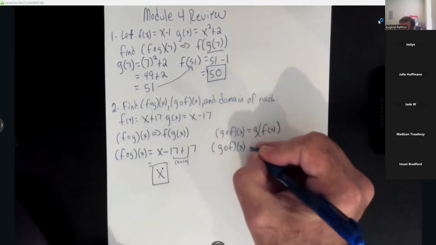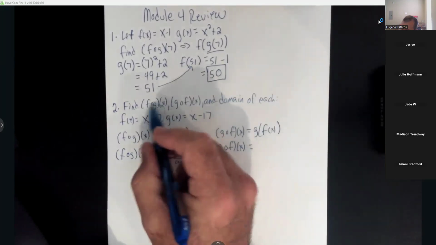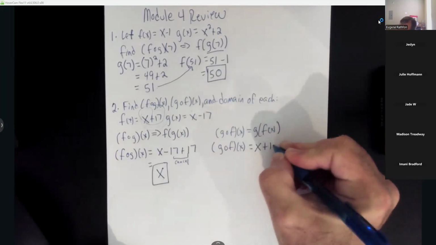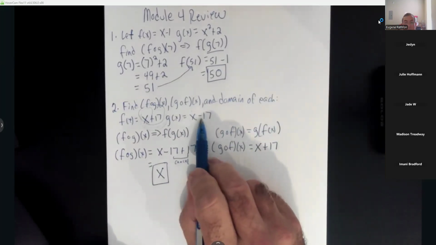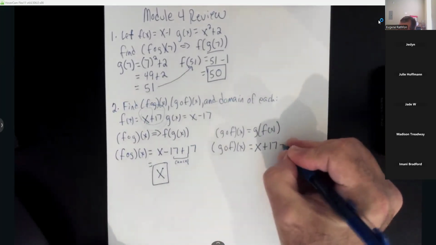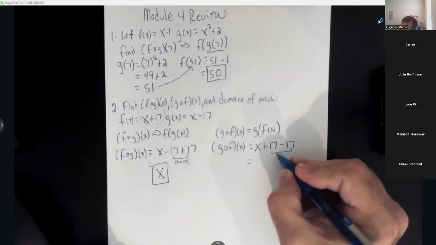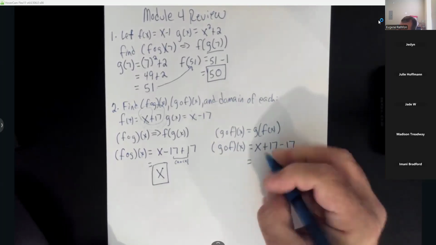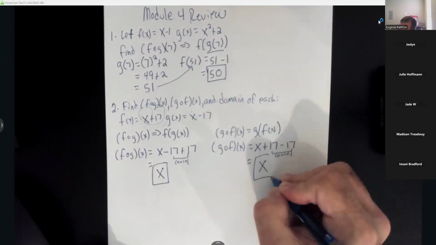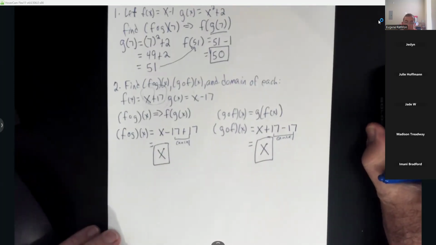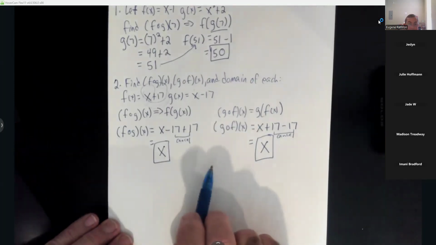So here we go. So take the x plus 17, put it in for the x. And then at the end, we still got a minus 17. And y'all look at that. Once again, those cancel. And I'm only left with an x on that one. So number 2, you pretty much get x's on it, okay?